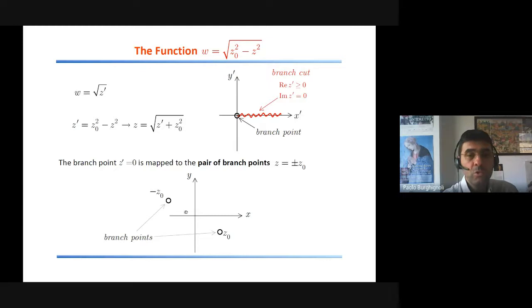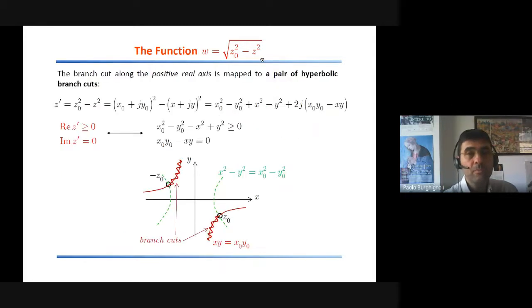Okay, those two will therefore be branch points for our function here on top. And in particular, the branch cut along the positive real axis is mapped to a pair of hyperbolic branch cuts, as you can see here in the bottom figure, where the wiggly lines again are the branch cuts, and they run along those two hyperbolas in red.